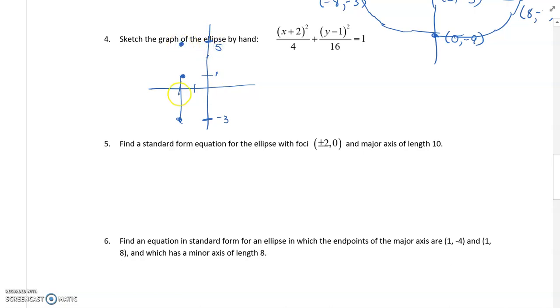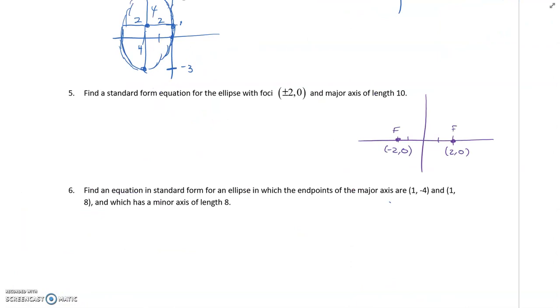And left and right 2, which will make it just touch the y-axis right here, 2 units to the right of the center, and there's my ellipse. 2 sideways, 4 up and down. Okay, pause it while you work the next one.